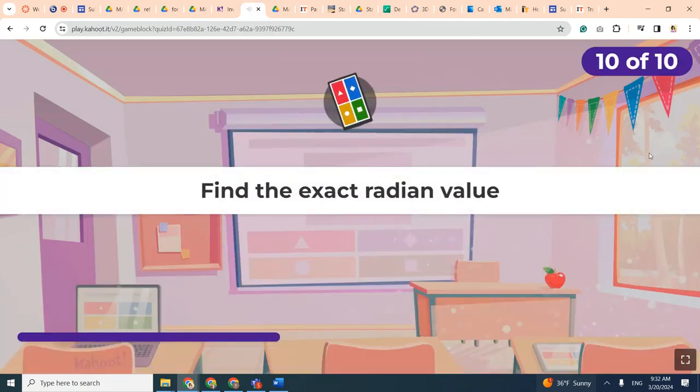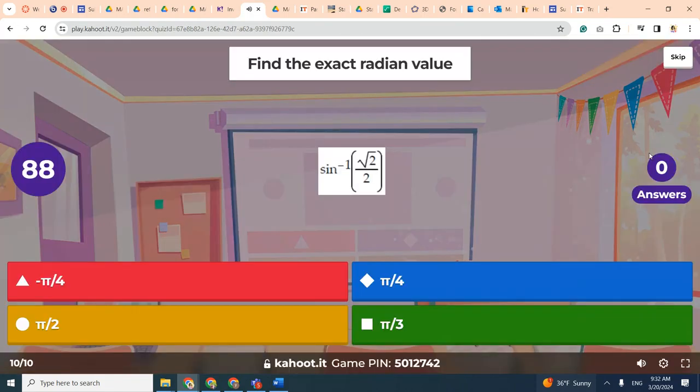Last question. Root 2 over 2. Do we have everybody?